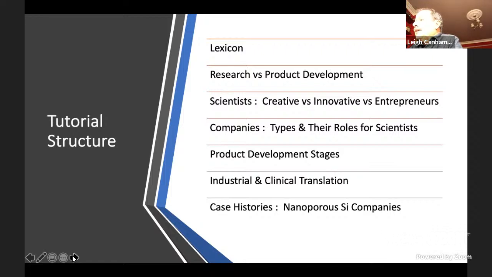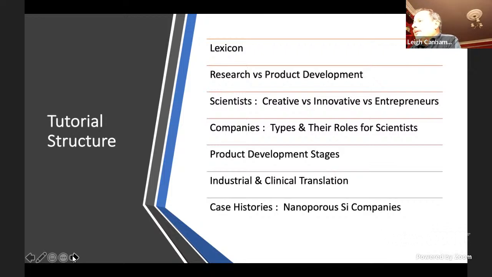We'll look at the product development process, and then we're going to focus in on medical translation, but look a little bit broader as well at industrial translation.